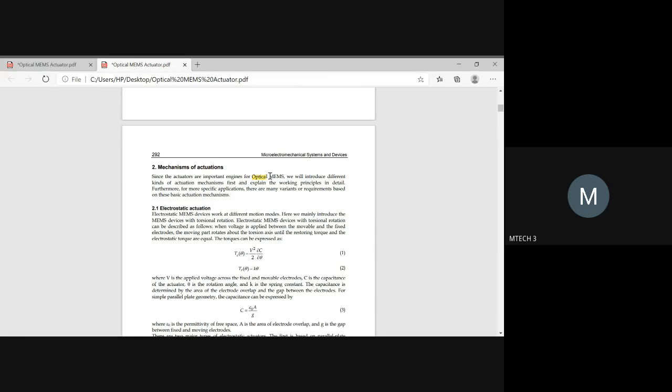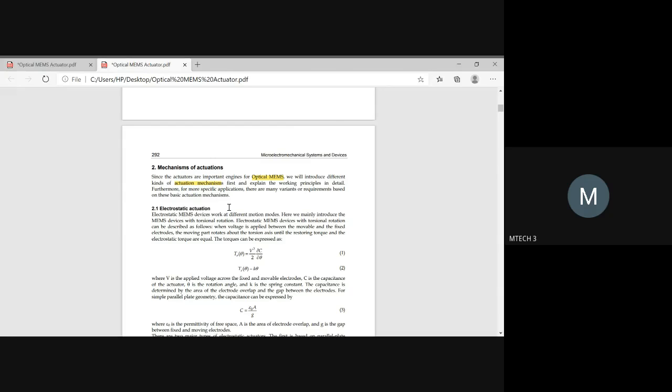What are the mechanisms involved in optical-based MEMS applications? In the paper they have introduced different kinds of available actuation mechanisms: their working principle, how they could be developed, and how they could be correlated for specific applications. That will be focused on in section 3.